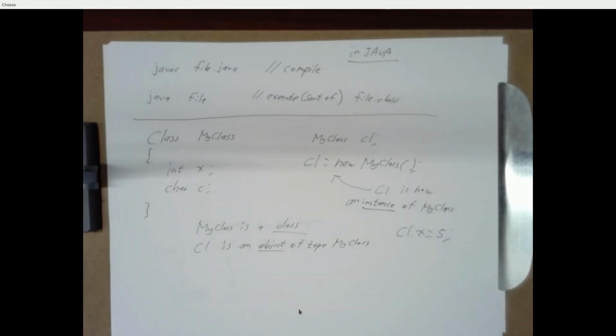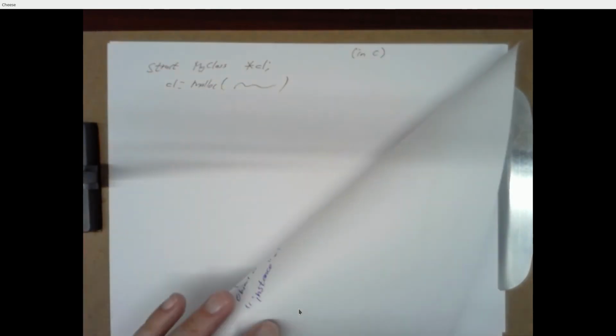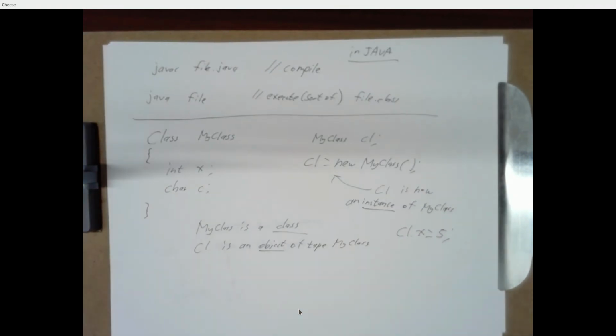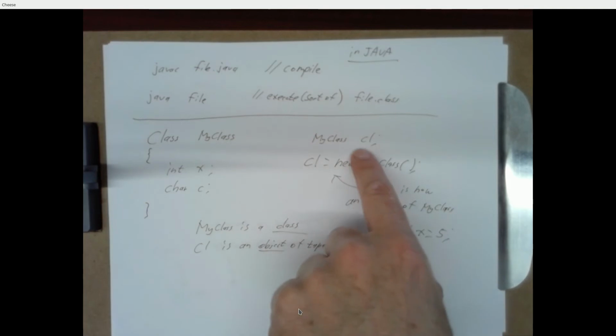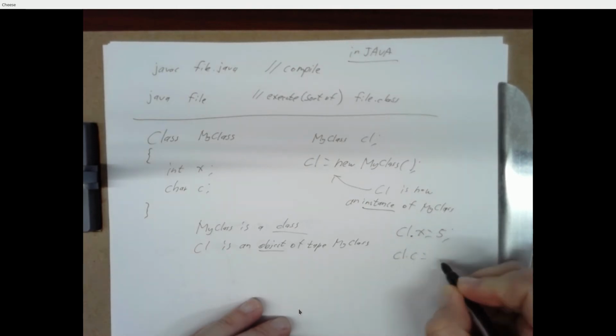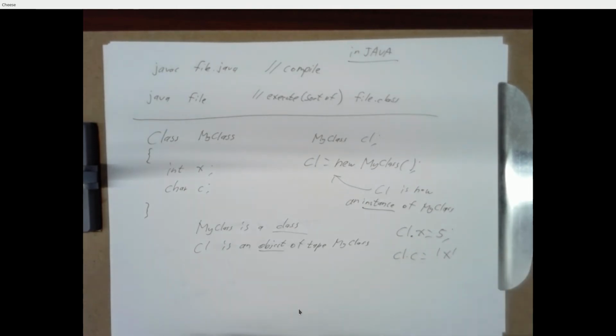So we're going back to dot notation. There's no arrow notation because in some sense everything is always going to be pointing to a structure, but we're not going to deal with that ourselves. When we say my class CL, it's understood it's going to refer to an object of type my class. So we pull off a field by saying CL.x or CL.c equals whatever.